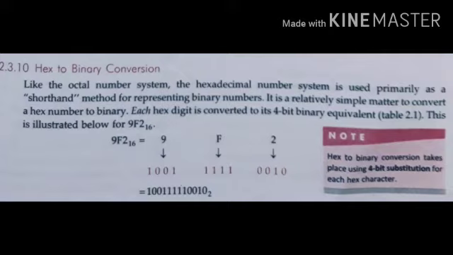The 4-bit binary equivalent for 9 is 1001, for F it is 1111, and for 2 it is 0010. If we put together all these 3 equivalent values, we get the resultant 100111110010, which is the binary equivalent of the given hexadecimal value.